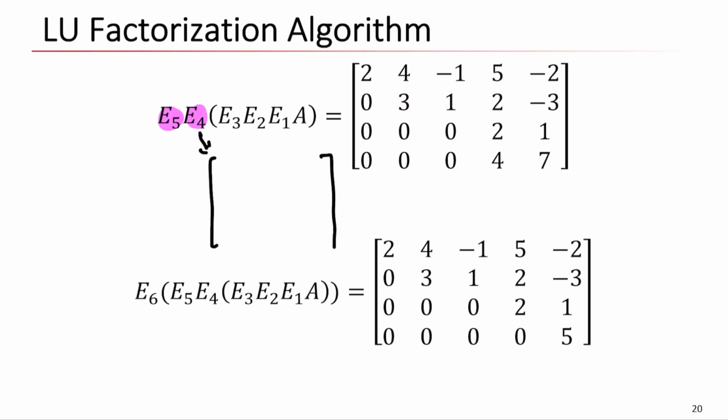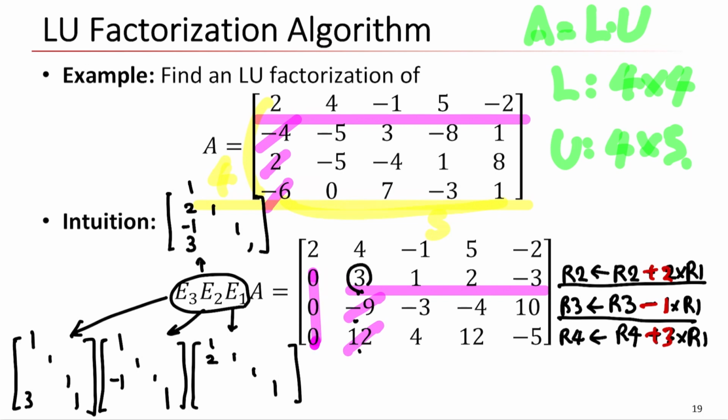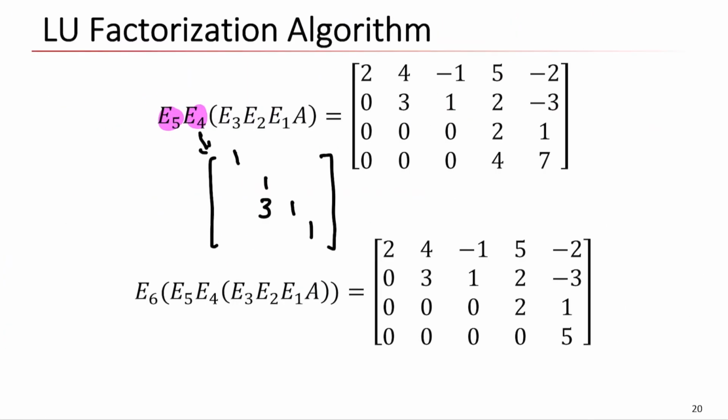How can I remove this one and this one? The shape of E4 should look like this. Why? Because the negative 9 will be removed by adding 3 times 3, so this is the 3.